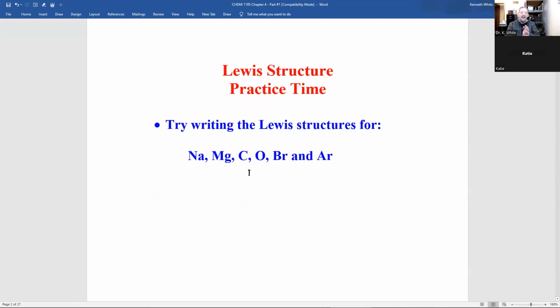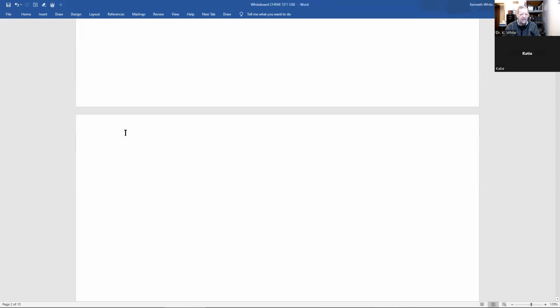So let's practice Lewis structures. And let's do the Lewis structure for sodium first, then magnesium, carbon, oxygen, bromine, and argon. Ooh, we got a lot to do. Let's see if this works. It did.